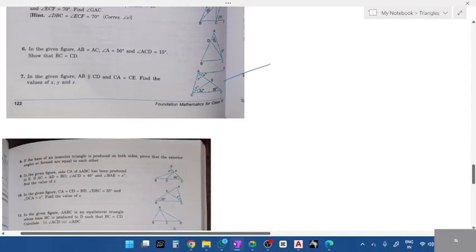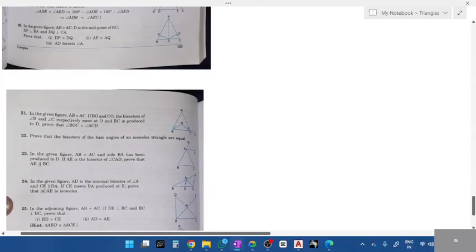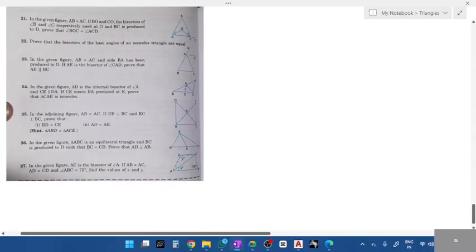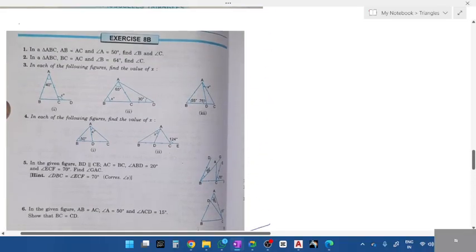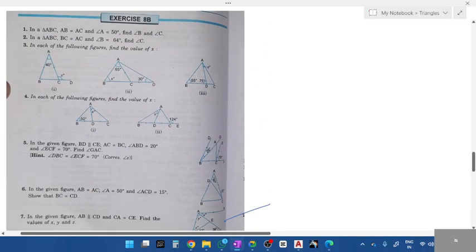How many questions did ma'am do in 8B? Okay, whichever class ma'am did, we'll see that. First we'll solve this. By Wednesday or Thursday I have to complete. Then there is one more chapter, midpoint theorem. After that we have revision.